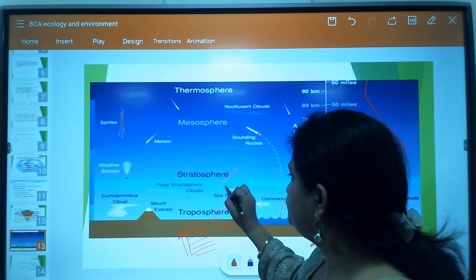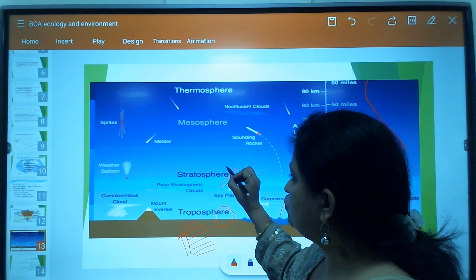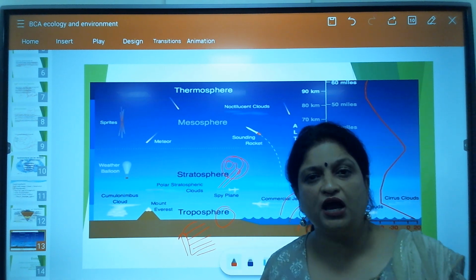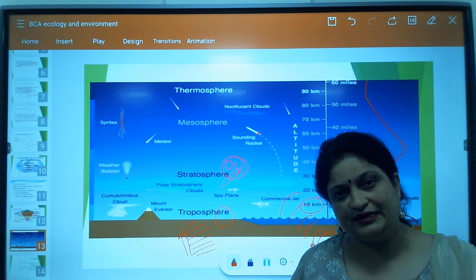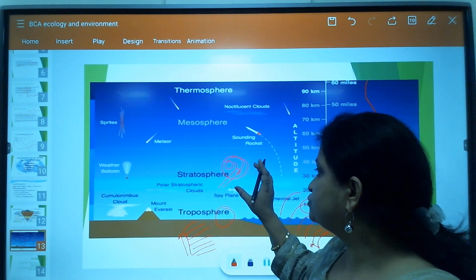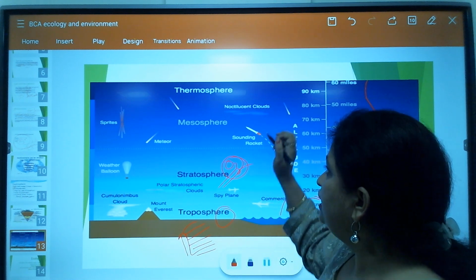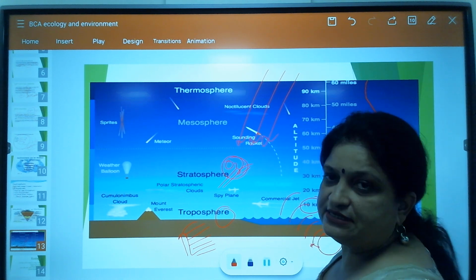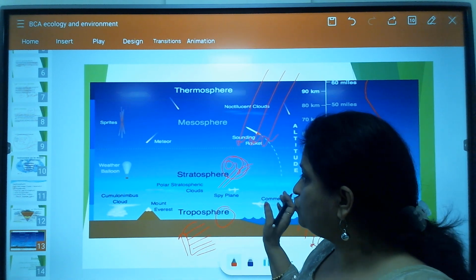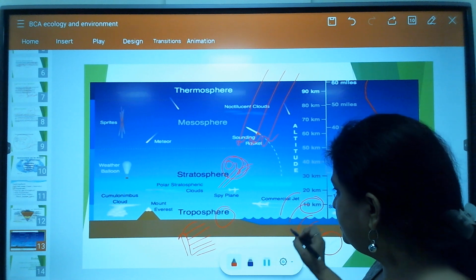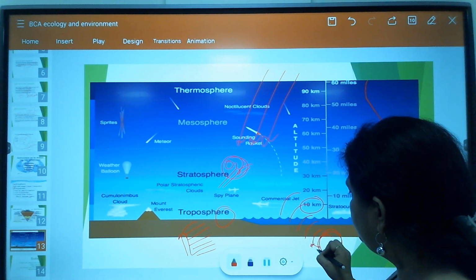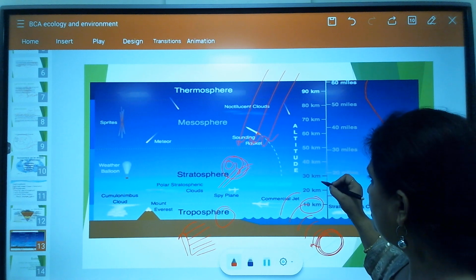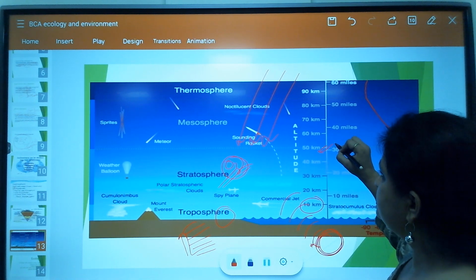The stratosphere is also called the ozonosphere, because most ozone formation and degradation happens there. So this layer is called the ozone layer, and it protects us from the sun's harmful rays. Because of the stratosphere, it is possible for human beings to stay on the earth. It extends up to 50 kilometers.